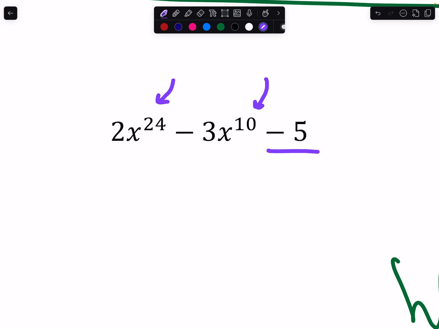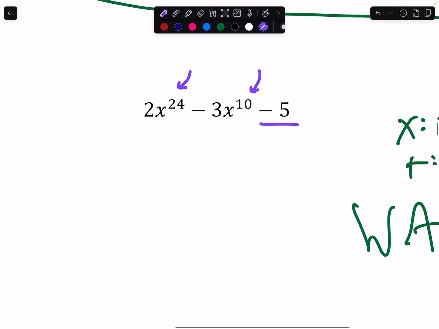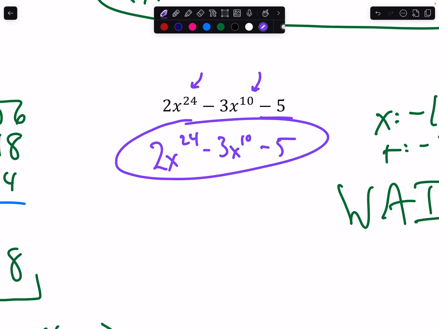Our second highest degree is 10. 24 isn't double of 10. So we cannot factor this the way we have been doing. So we can just write 2x to the 24th minus 3x to the 10th minus 5. Circle that, that's our answer. Or you can just say it's also not factorable.